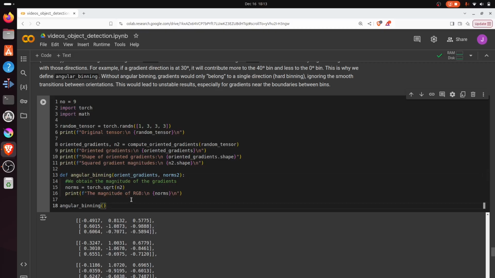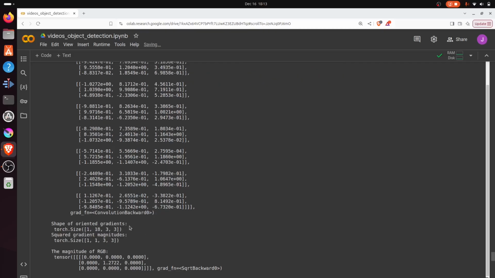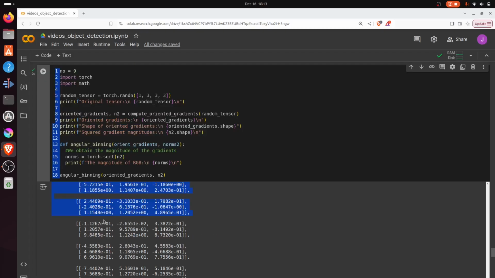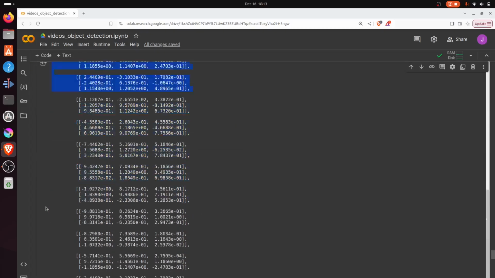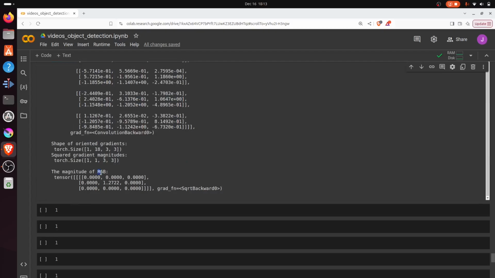So oriented gradients and N2. Let's see the output. This is the magnitude of the RGB.